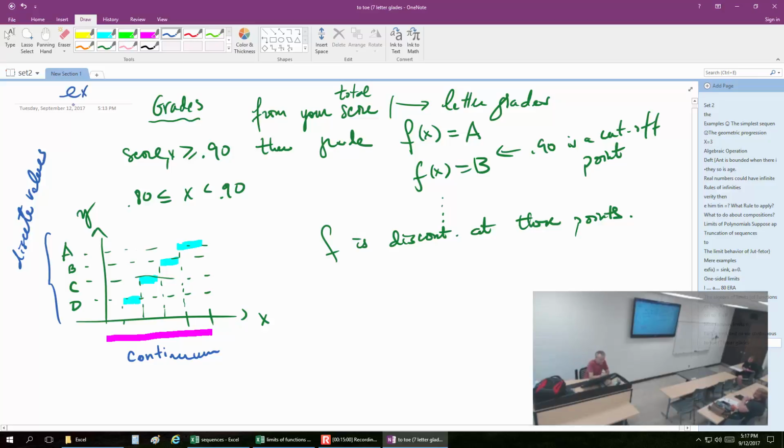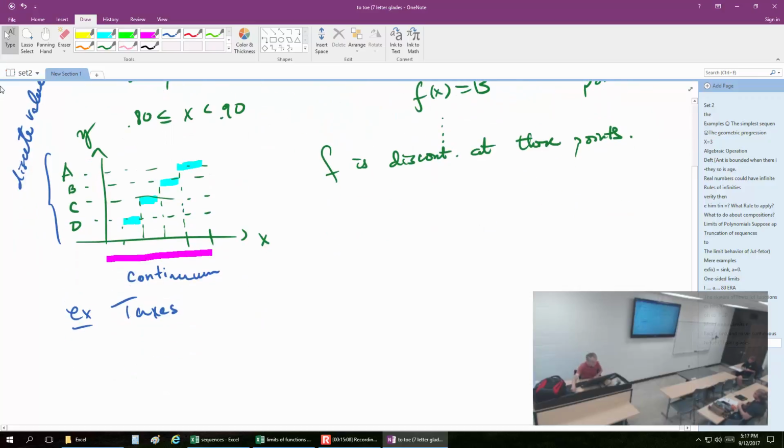Another example, also kind of interesting, and that is taxes of all things. I do not remember, well, I don't want to remember really, the actual numbers that you pay, so I made up numbers, and this is what I made up.